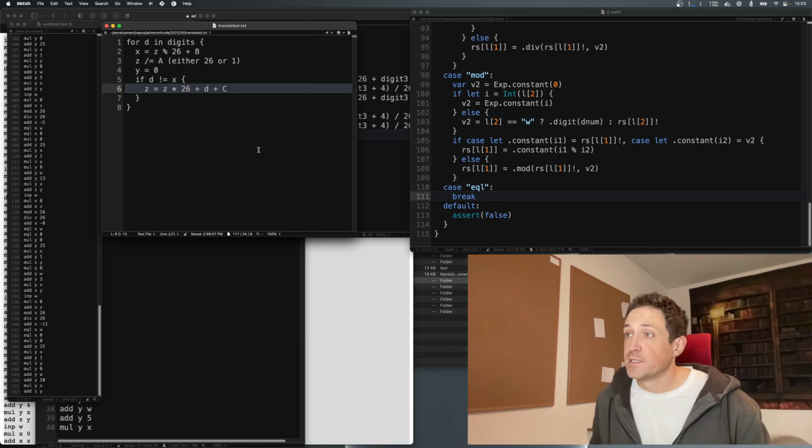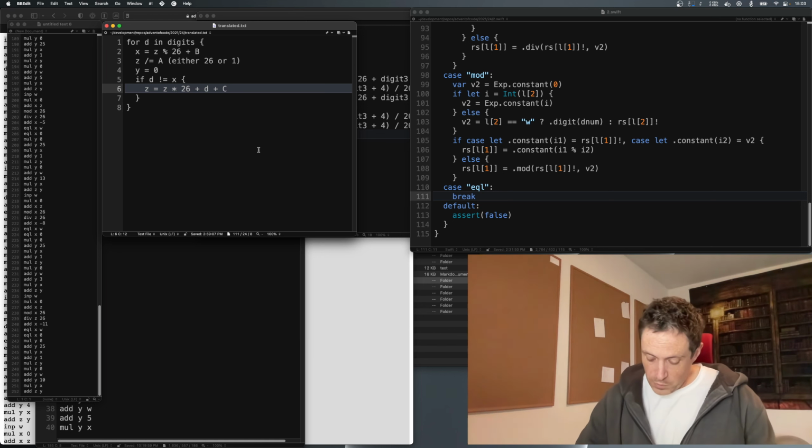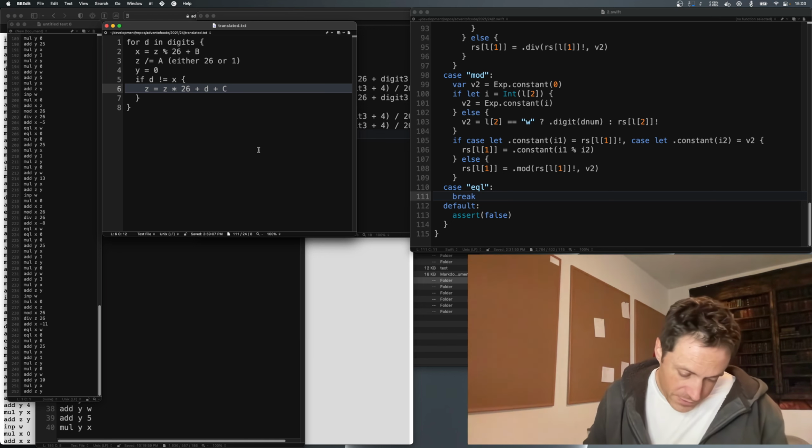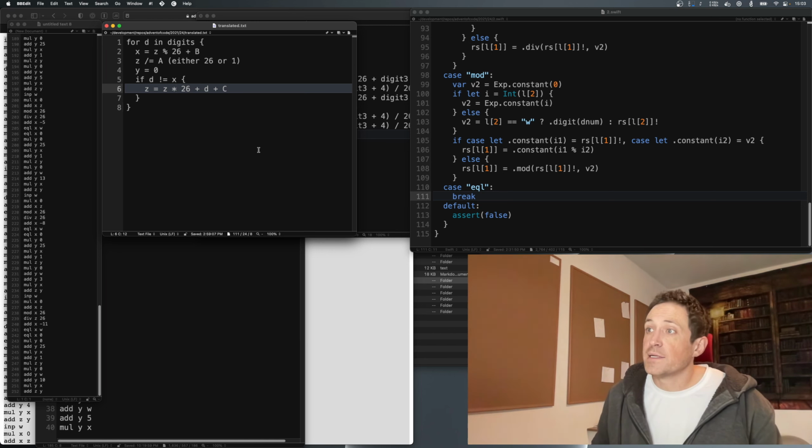Because we want both these things. Z plus B, and B on the last iteration is minus 11.